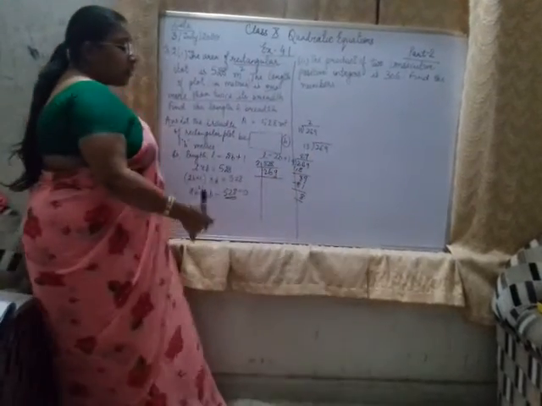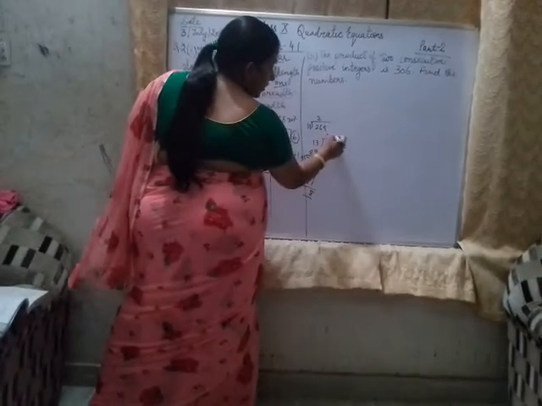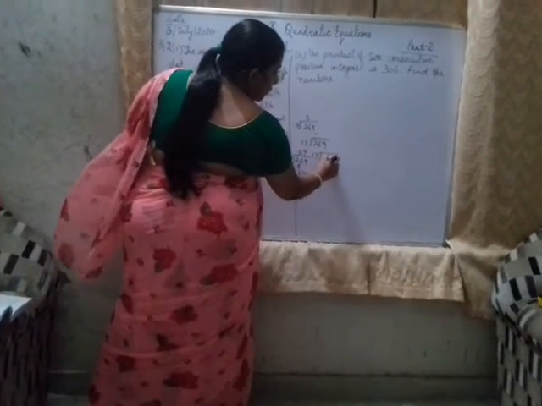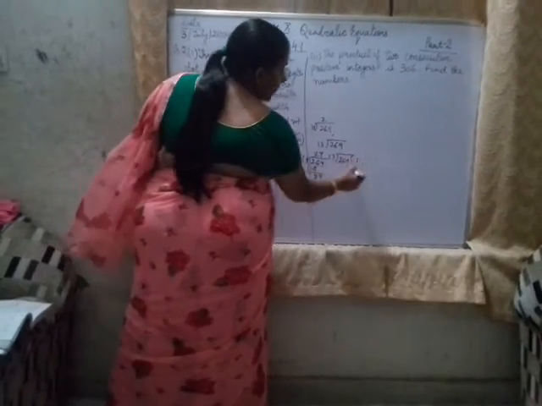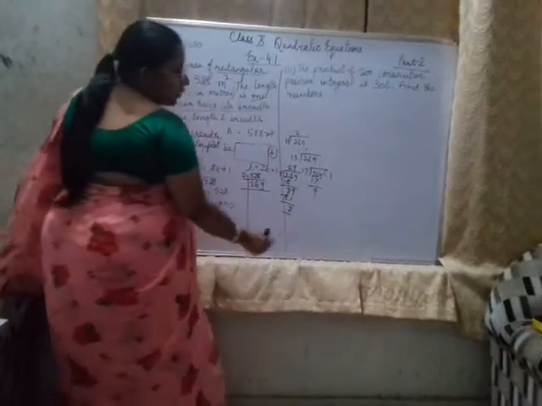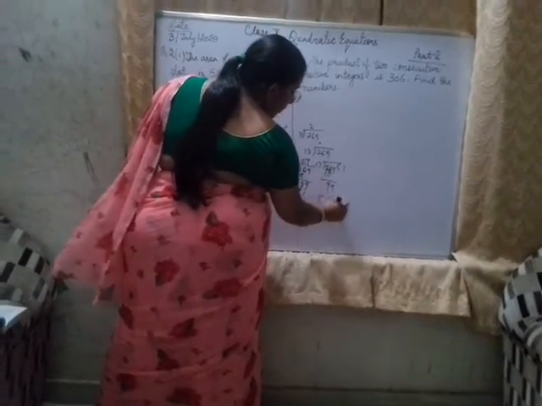We should keep on trying with divisibility; it is just a matter of practice. Now 13 is also not going, 17 is also not there.